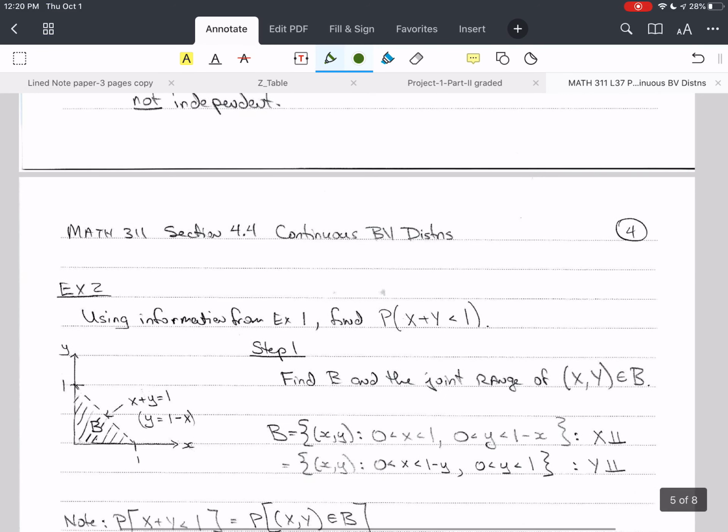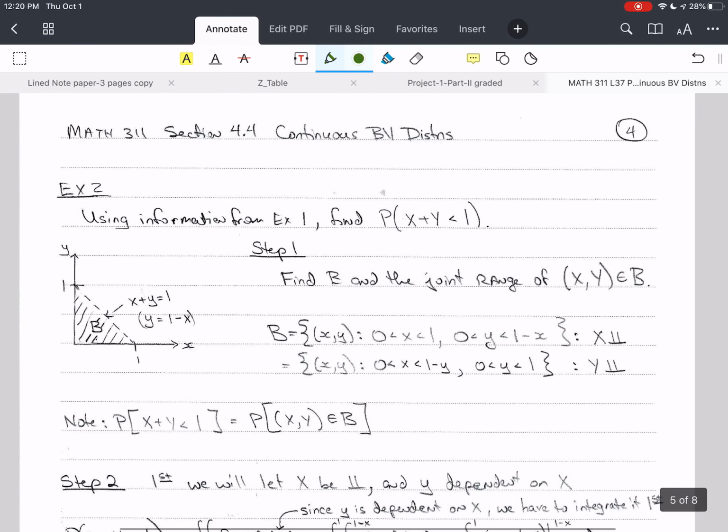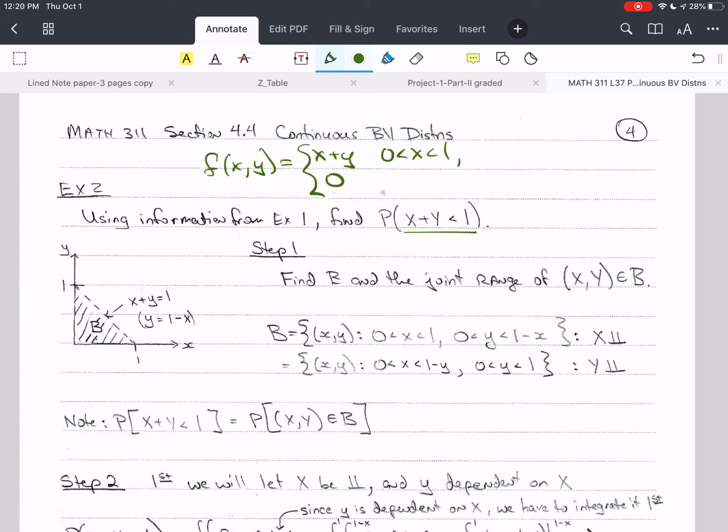Now we're going to ask a different question on this. What's the probability that x plus y is less than 1? So remember that f of x and y was equal to x plus y when x is between 0 and 1 and y is between 0 and 1, and it's 0 otherwise.